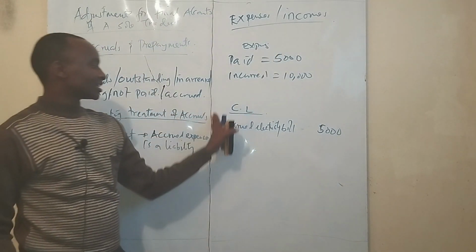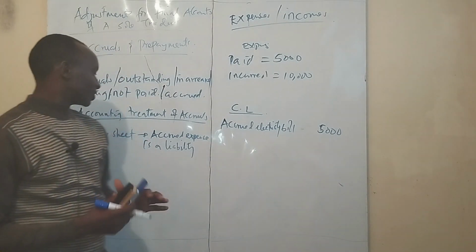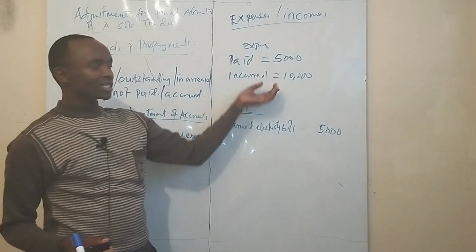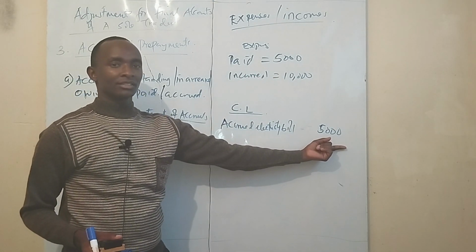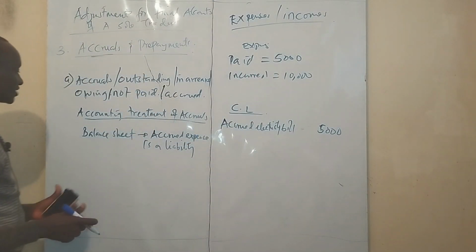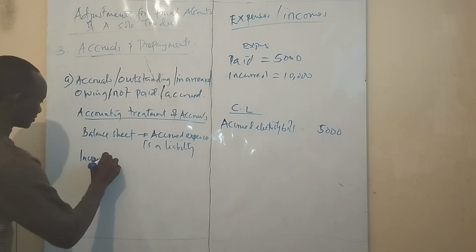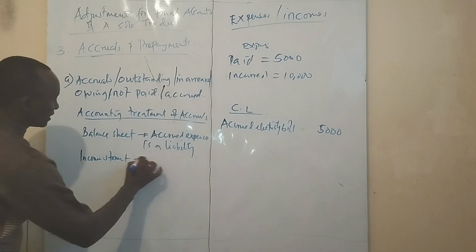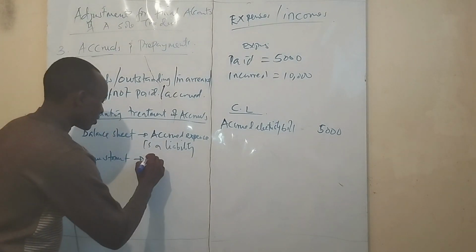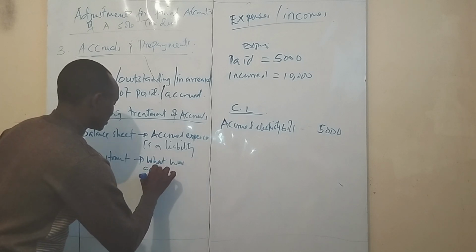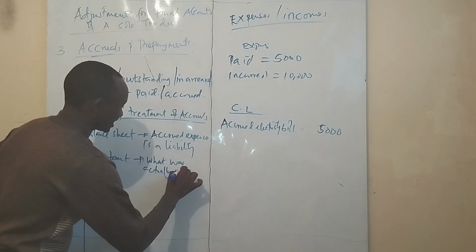So this is just an extract of the statement of financial position. Under the balance sheet, you indicate the accrued expense as a liability. Are we together? Then we move now to the income statement. The income statement takes what was actually incurred.